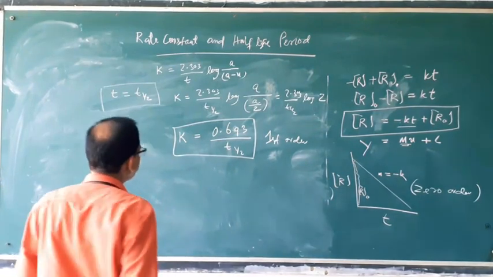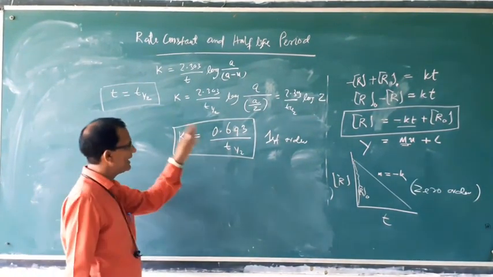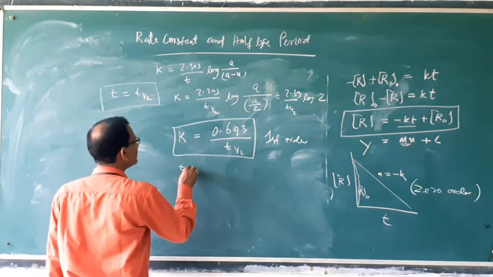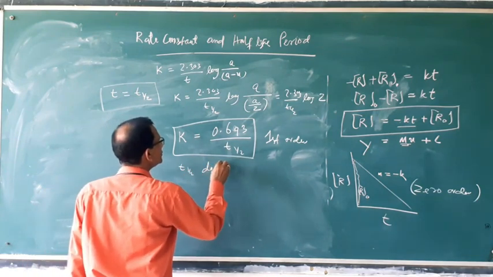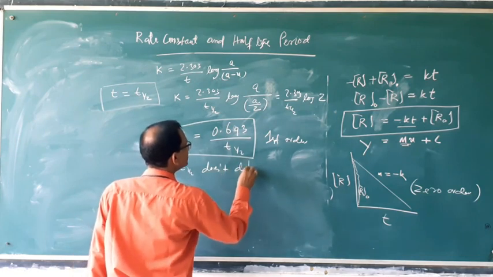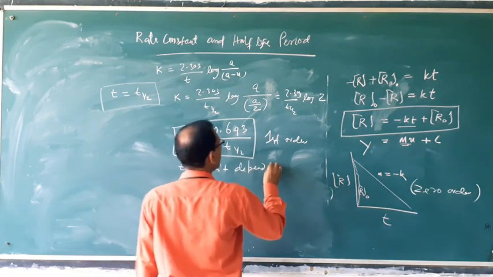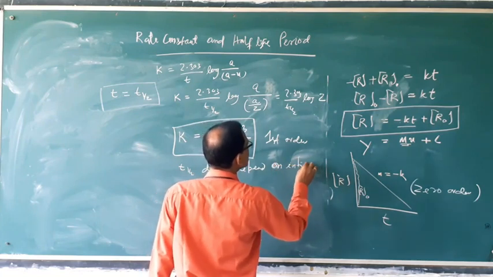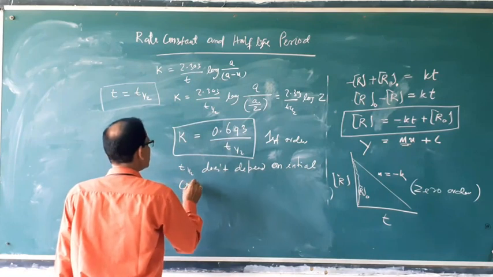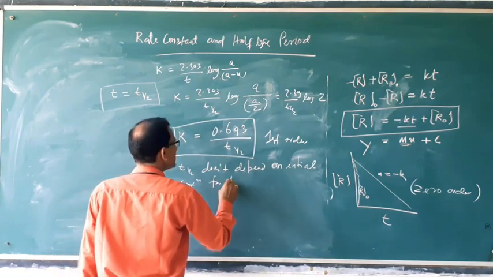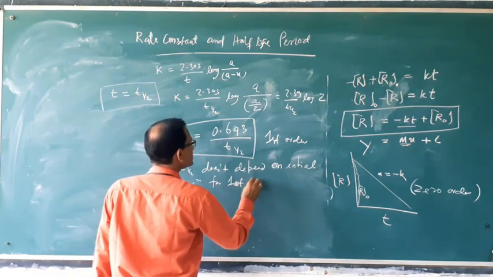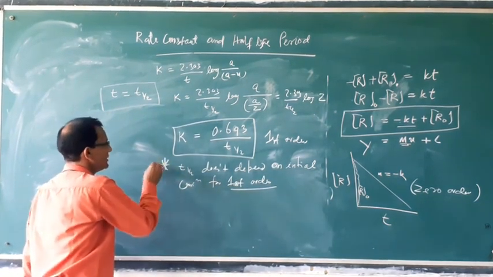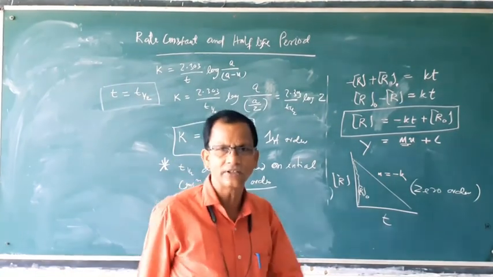That means as n0 is not used, t half does not depend on initial concentration for first order. For first order reaction, t half does not depend upon initial concentration.